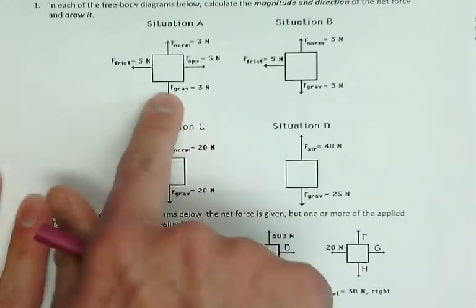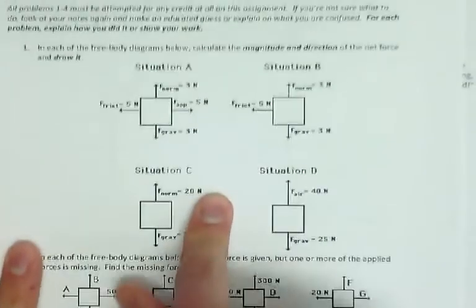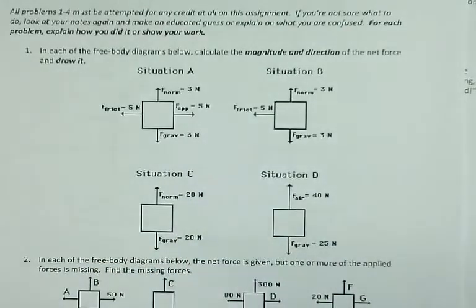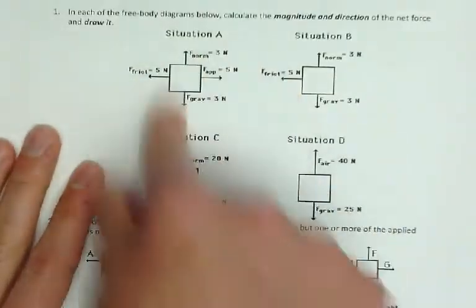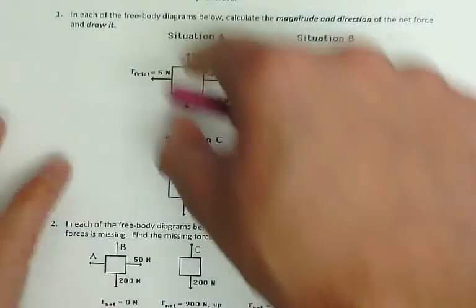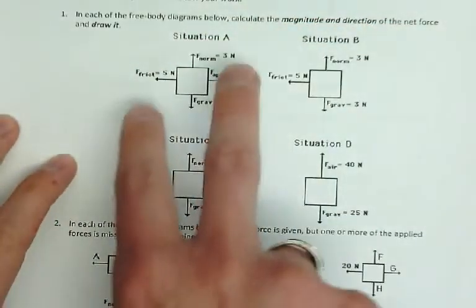So all you're going to do on these is find the net force. Net force is where you combine the forces together in a given direction. So we're going to put the forces together and figure out what the total force is. But just like in last unit, we have to do the x's and the y's separately. So we'll find a y net force and an x net force.